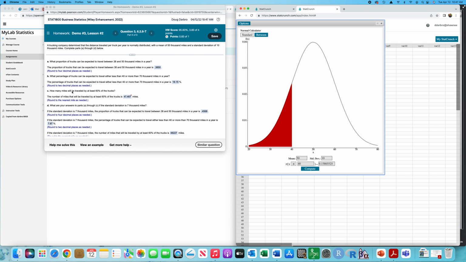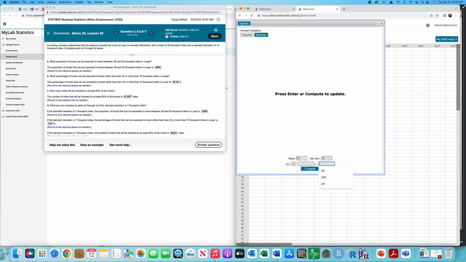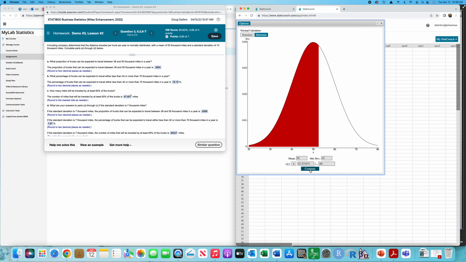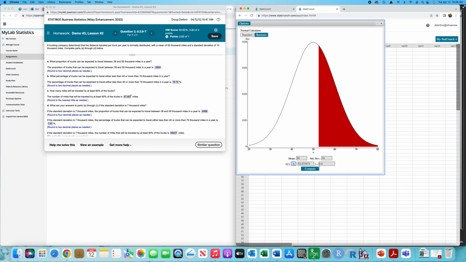How many miles will be traveled by at least 60% of the trucks? What I need here is 0.60. I got sloppy when I entered the answer. Wait a minute, the number will be traveled by at least. So at least is greater than.